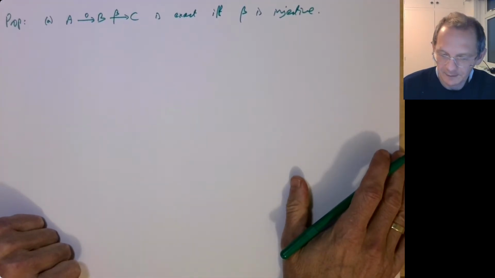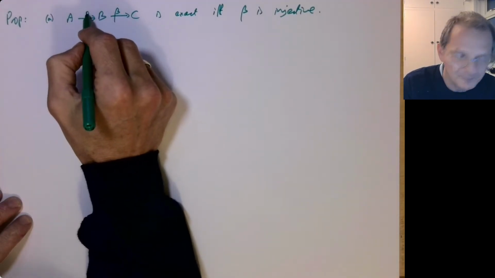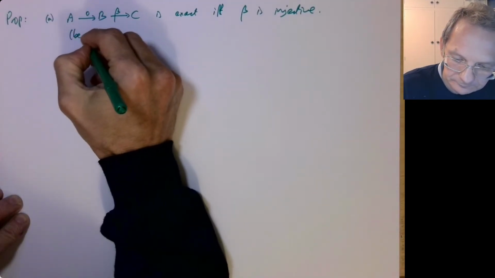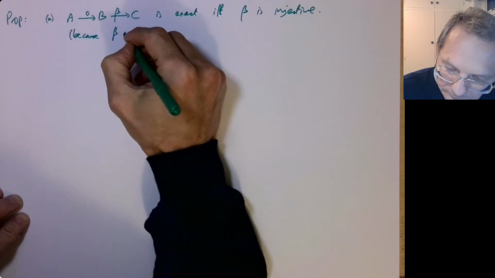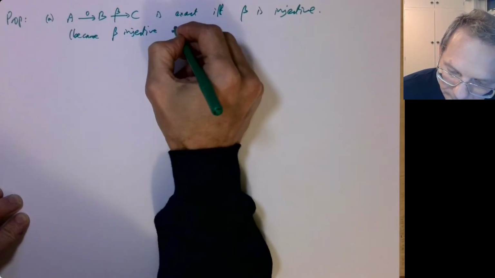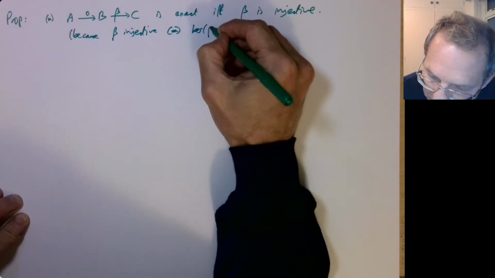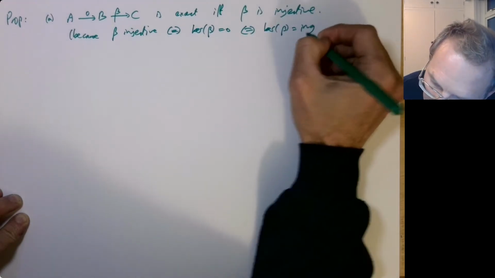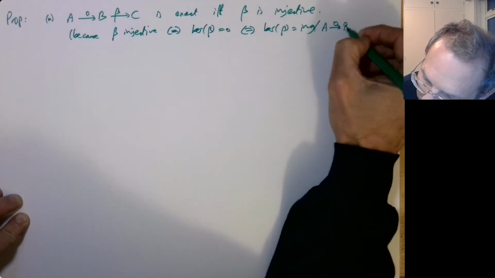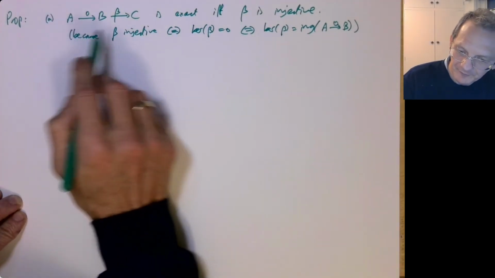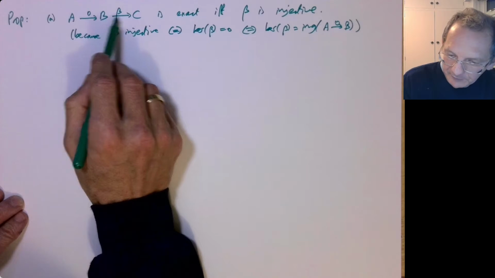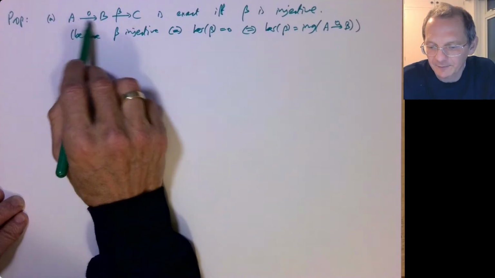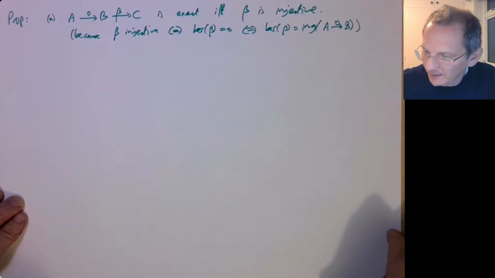Suppose we've got a pair of homomorphisms like this, where the first homomorphism is 0. To say that the sequence is exact means that the kernel of beta should be the image of this 0 homomorphism, and the image of the 0 homomorphism is the 0 group. To say that the kernel of beta is 0 is the same as saying that beta is injective.